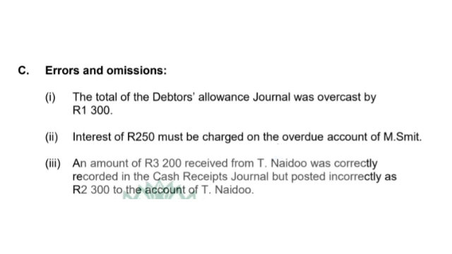And then when it comes to Roman figure 3, it says an amount of 3.2 received from Tinaidu was correctly recorded in the cash receipts journal but posted as 2.3 in the account of Tinaidu. Now, this is an error on specifically the account of Tinaidu. Our books are correct. So that means since it's correct in our books, we are going to have a no change. Hence, you see it there as no change.